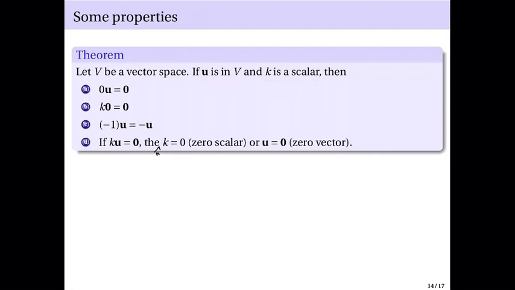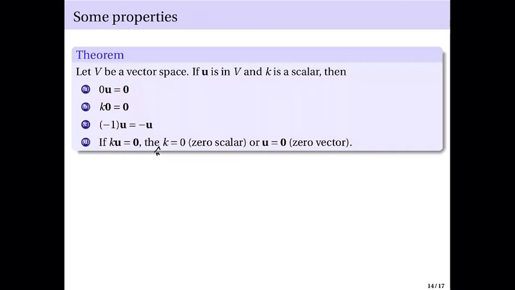First property, the scalar 0 multiplied to u is always the 0 vector.